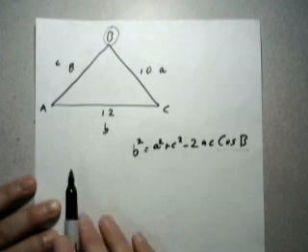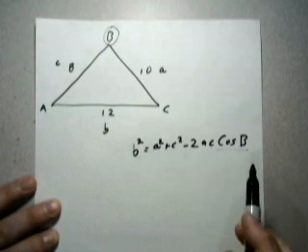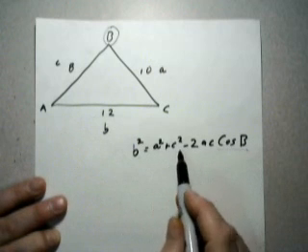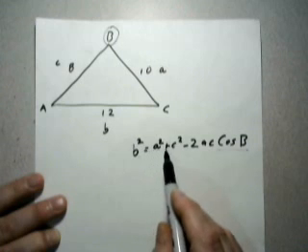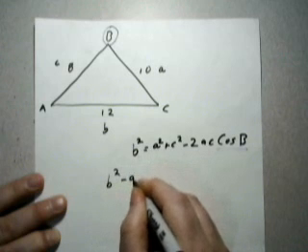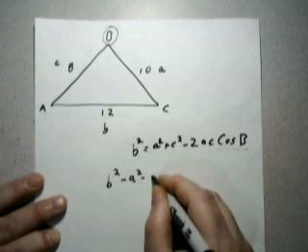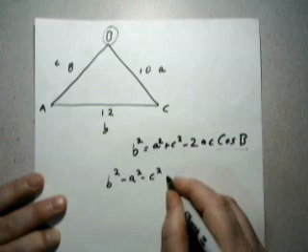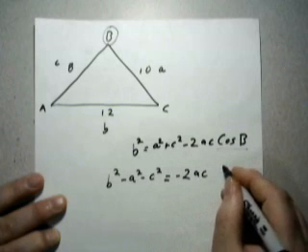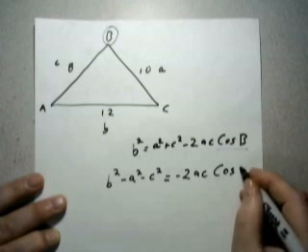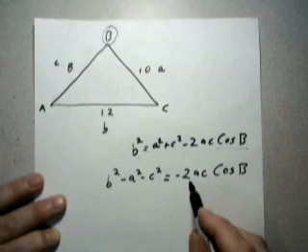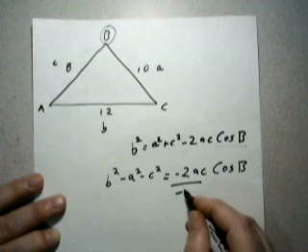So before I even put any numbers in, I'm going to go ahead and solve it for the cosine of B. So first thing I'm going to do is subtract A squared and C squared. So I'll have B squared minus A squared minus C squared is equal to minus 2ac cosine of B. And then I will divide by a negative 2ac.